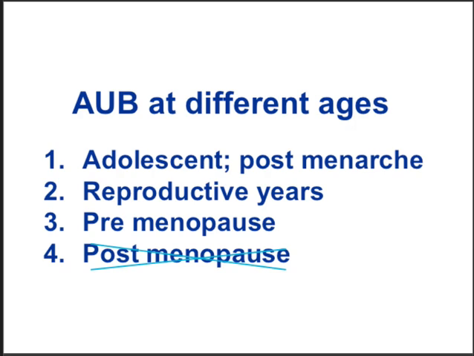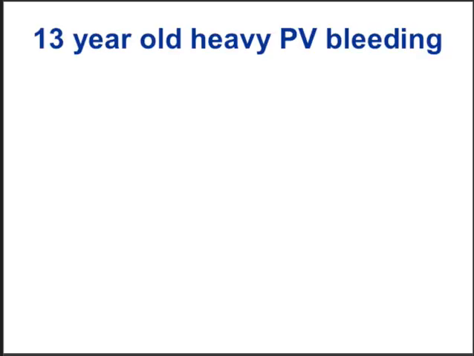When we look at the different ages, firstly we discuss shortly after the menarche what typical abnormal uterine bleeding can take place. Secondly, we focus on the reproductive years thereafter. And thirdly, women present as well with abnormal uterine bleeding quite often before the last menstrual period takes place.